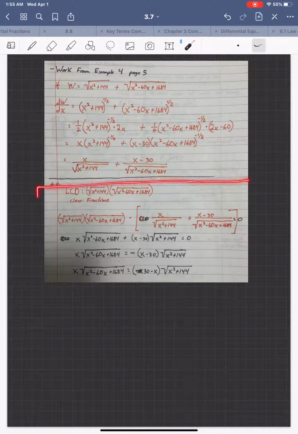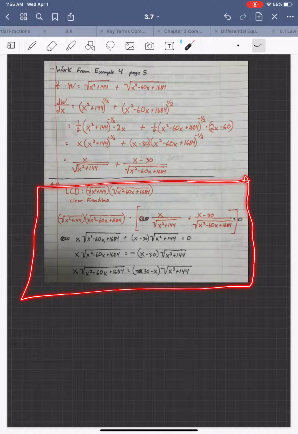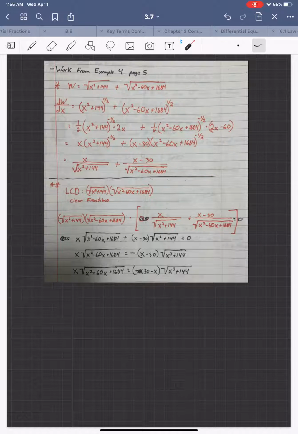So in this case, I'll tell you what, I'll finish it. I don't think I actually finished it from here. So what you can see, and I'll hold this here for just a second, is what I'm doing from here: I'm clearing the fractions. In other words, I'm multiplying both sides of that derivative equation by the least common denominator, right?